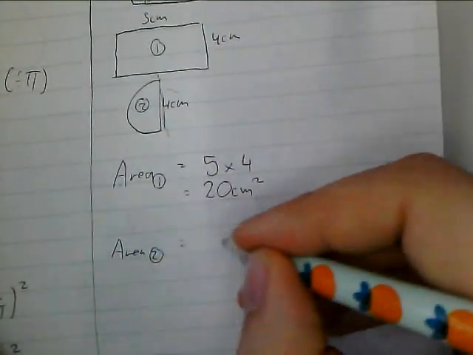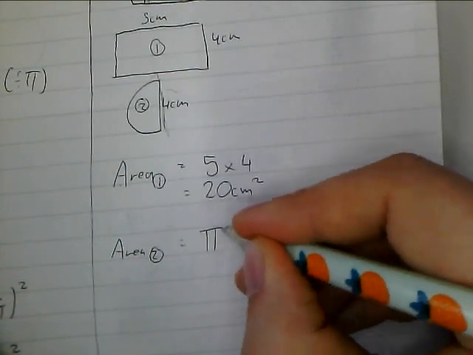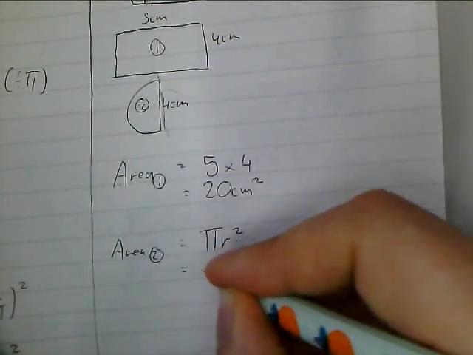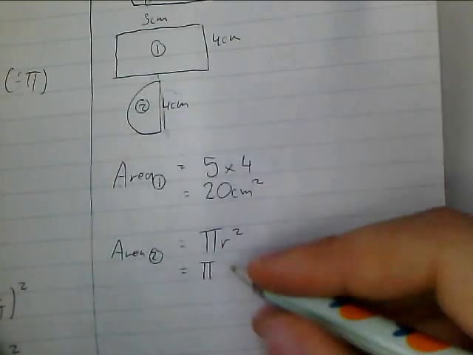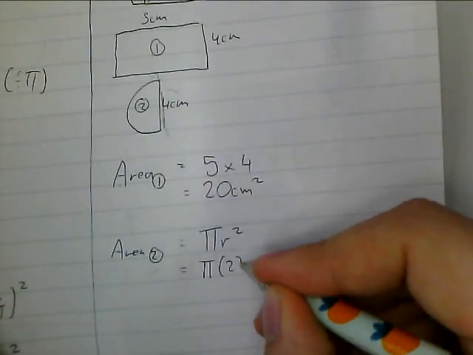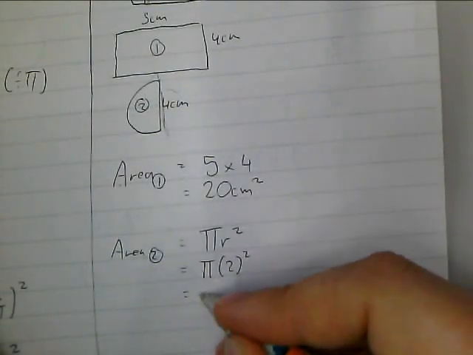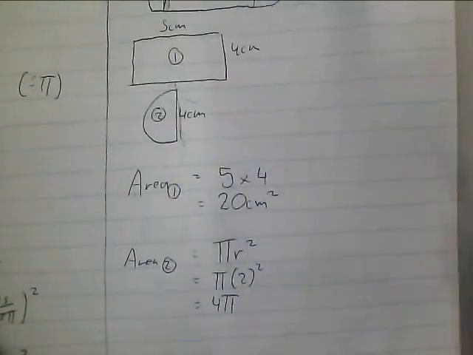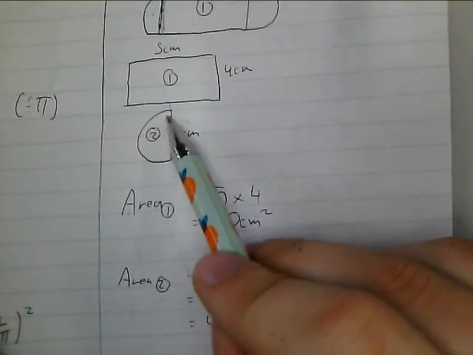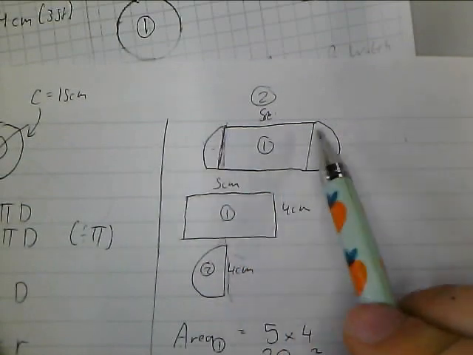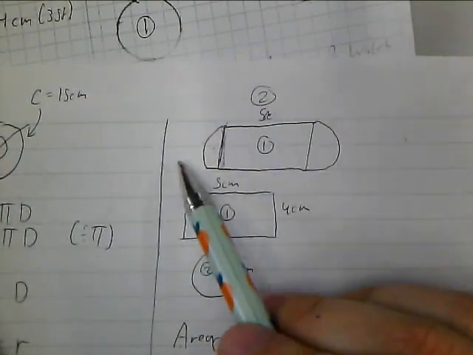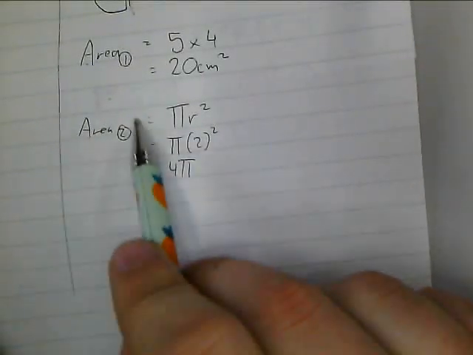The area of shape 2 uses pi r squared, and the radius is going to be 2, so pi times 2 squared, that's 4 pi. Now this is a half circle, but I've got 2 of them, so it'll just be the same as working out a full circle. So I'm just going to leave it as a full circle.